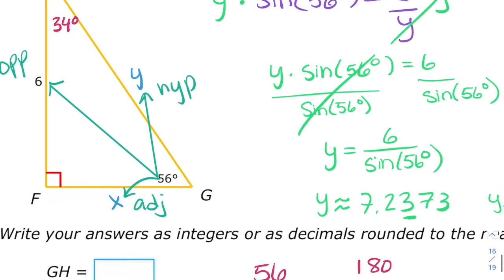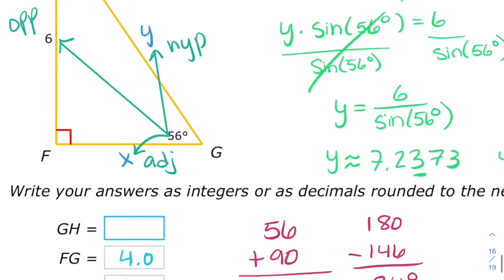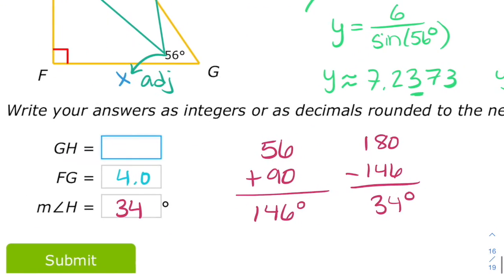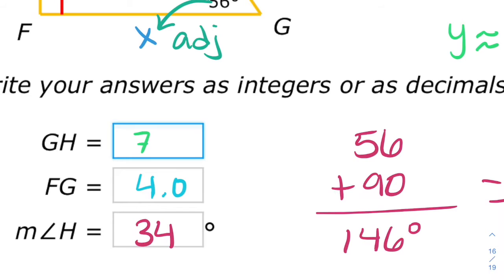And then y we made GH, so GH is 7.2. All right. So we have 7.2 for that one.